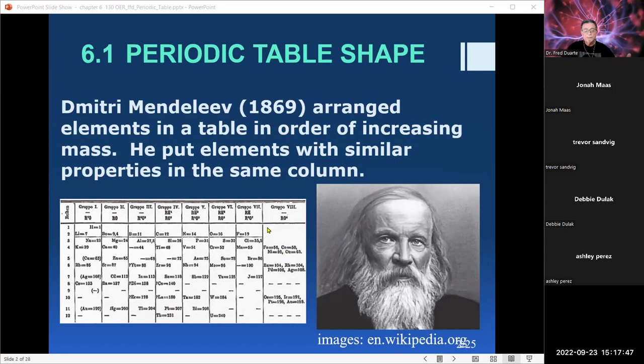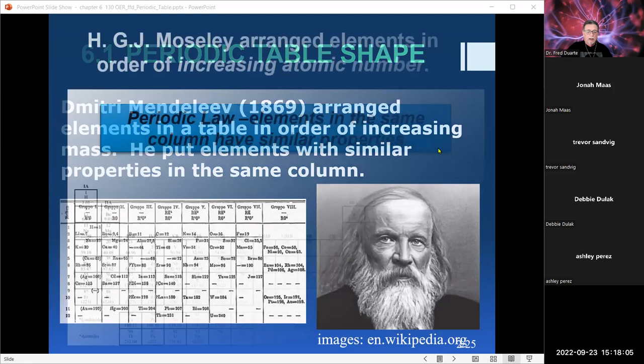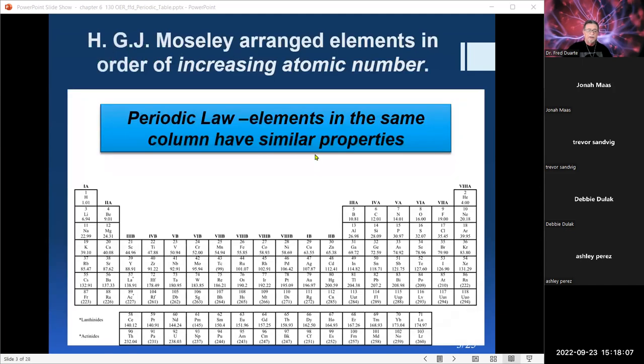But one aspect about his table is that there were some empty spaces that predicted where an element should be. And sure enough, a lot of scientists proceeded to go search for them, and they actually found the missing elements of his table. Another scientist, Moseley, rearranged the elements into the table that we're more familiar with now.